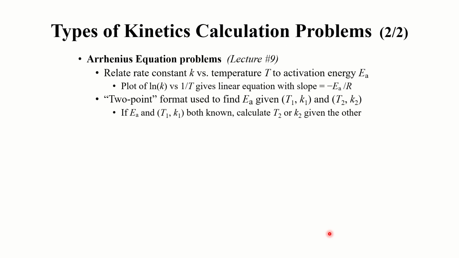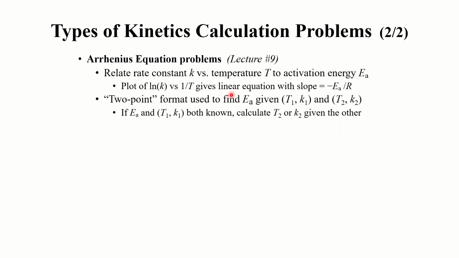And continuing on, what we covered last lecture, Arrhenius equation problems. So remember that the rate constant k is directly related to the temperature exponentially via the Arrhenius equation. So you may relate the rate constant k versus temperature T to determine the activation energy Ea. A plot of natural log k versus the inverse of temperature will give a linear equation with the slope negative Ea over R. The two-point format was used to find Ea given temperature and rate constant values.